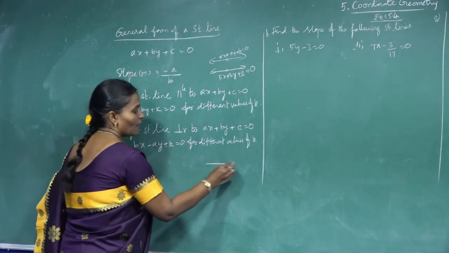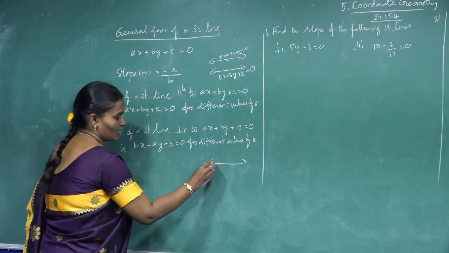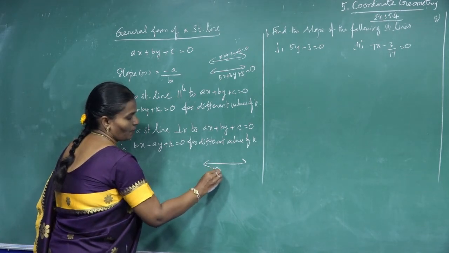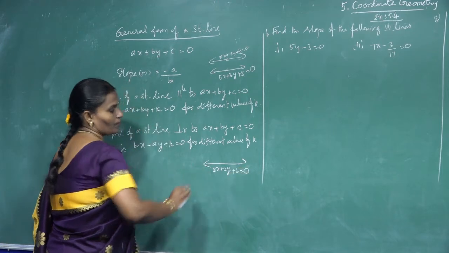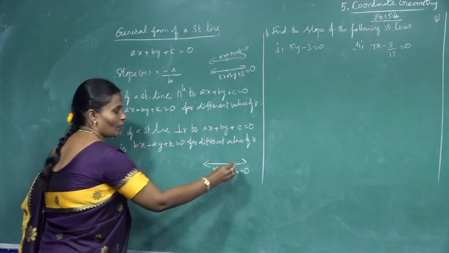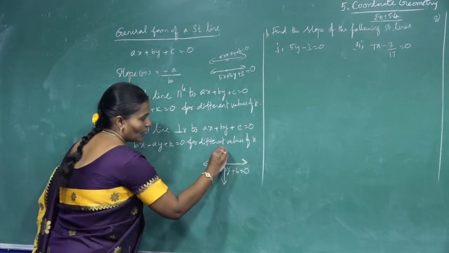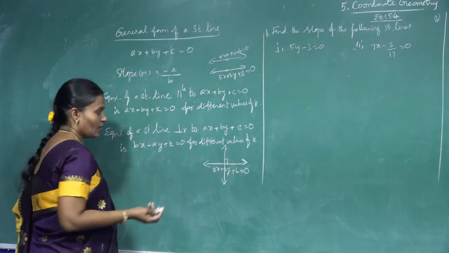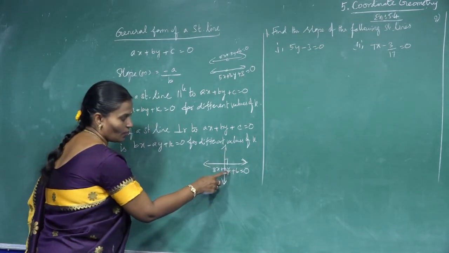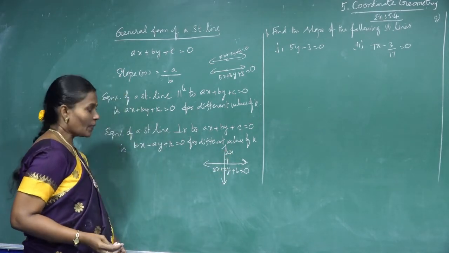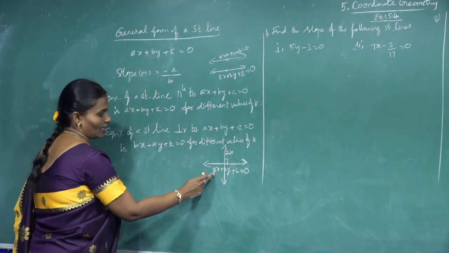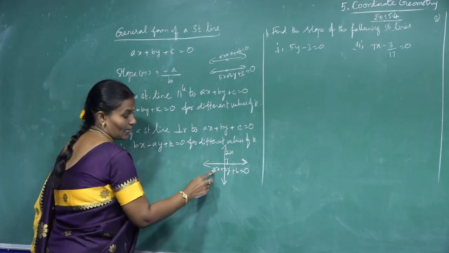For example, consider the equation of this line as 3x plus 2y plus 6 is equal to 0. What may be a perpendicular line equation? See, what is the coefficient of y here? 2. So 2x. Then the coefficient of x is a, that is 3.